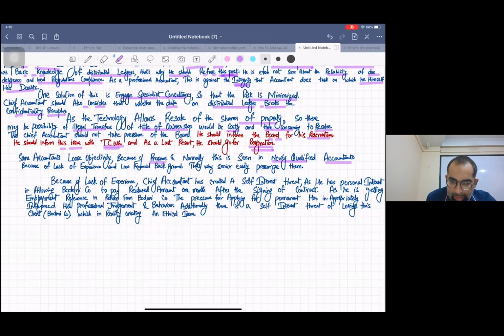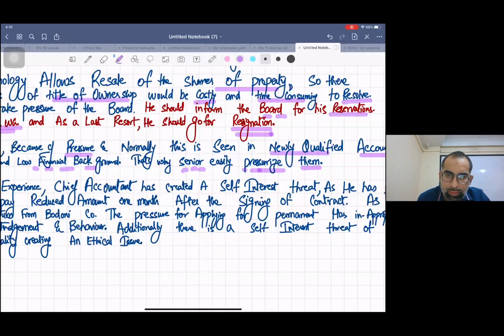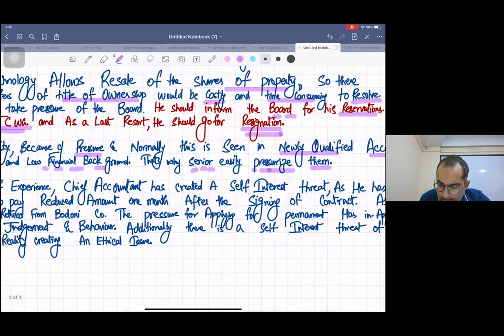Because of lack of experience and low financial background, as initially they are not that rich compared to seniors, seniors easily pressurize them. Now, because of lack of experience, the chief accountant has created a self-interest threat.